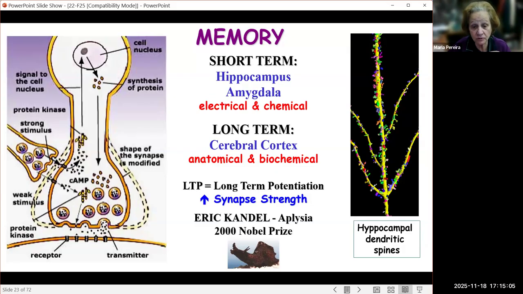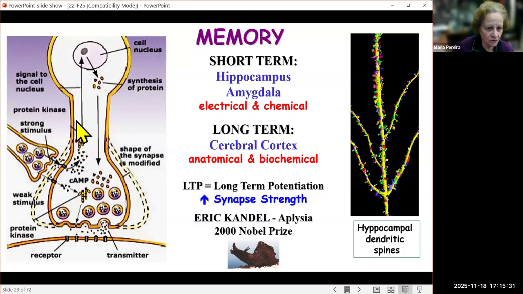So what he was able to demonstrate is that short-term memory that resides in the hippocampus and the amygdala, that means that the change in synapses is just electrical and chemical. There's just a change in chemical, the neurotransmitters that are released, and the action potential. So it's not permanent.